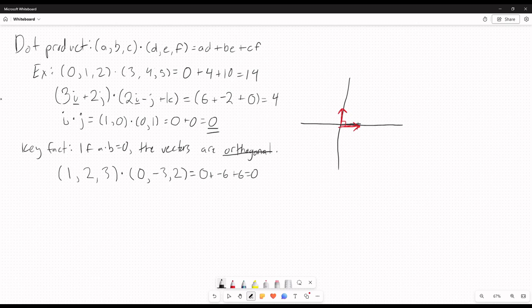Now let's see exactly how that works. So I'm going to need to draw a three-dimensional graph here. That's always fun. So we're going to have the vector 1, 2, 3. So this is our x-axis, our y-axis, our z-axis.